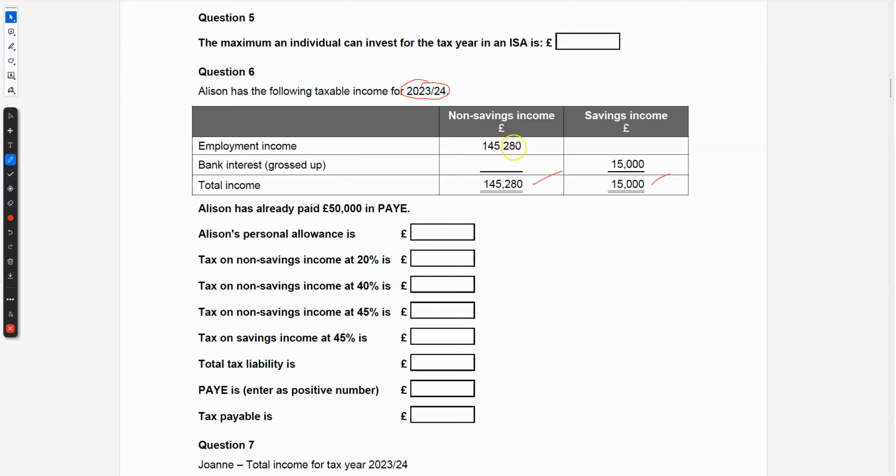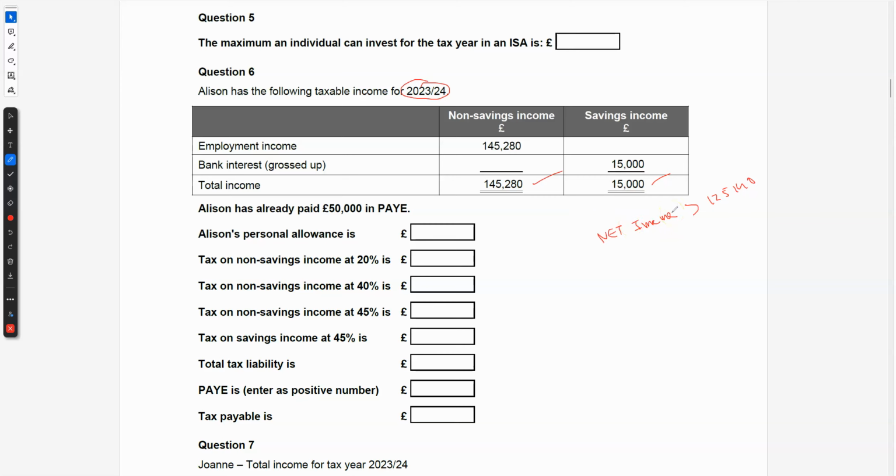Now look at this income. Non-saving is more than 145,000, and we have savings as well. And we know if the total net income is 125,140 or more, then we lose the personal allowance.